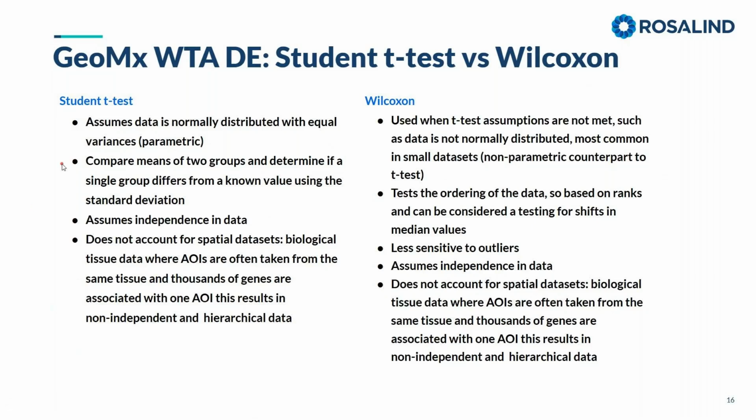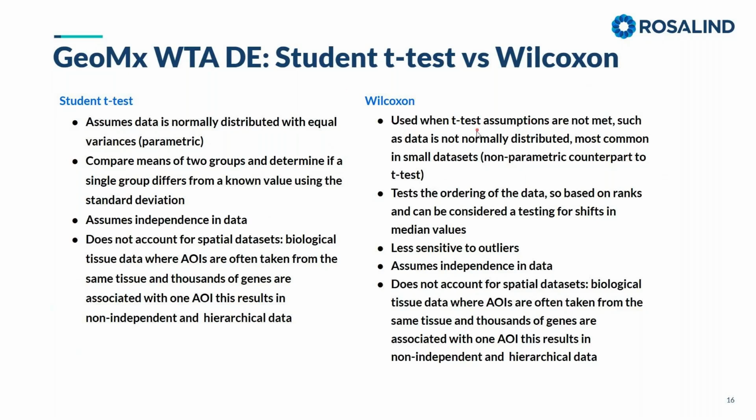The student t-test assumes that all data is normally distributed with equal variances. Totally fine. This is called a parametric test. It has a counterpart called Wilcoxon. So essentially, if you don't believe that you have enough N in your study to have normally distributed data, you're going to use the non-parametric counterpart to the student t-test called Wilcoxon.